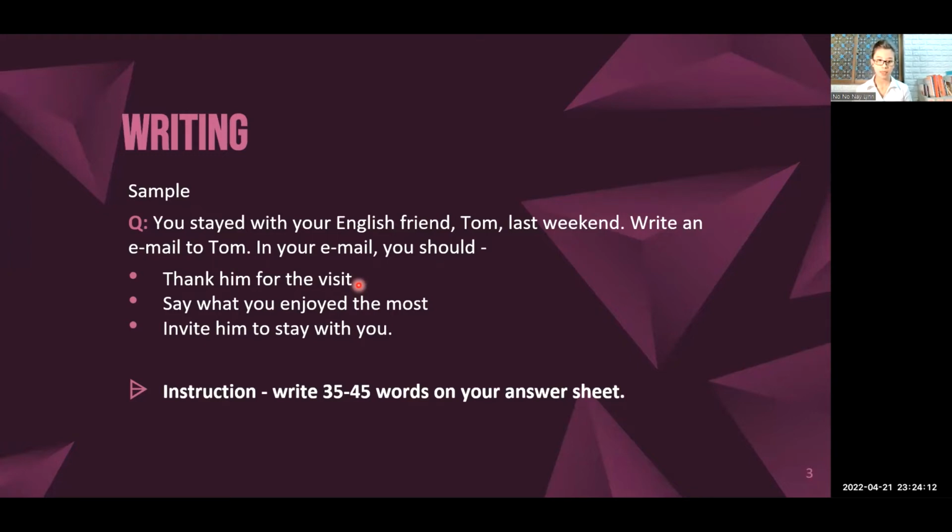Thanking him for the visit will include thank you, I would like to thank you, I would like to express my gratitude. Things like that. You will have to include the expressions that relate to the given statement that you are trying to rewrite in your answer sheet.